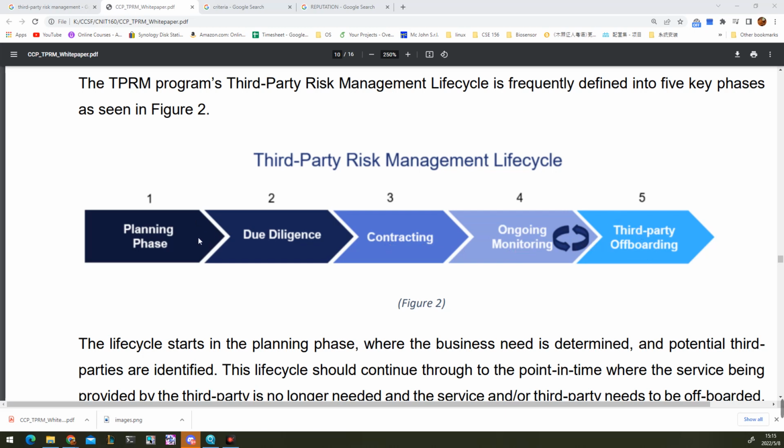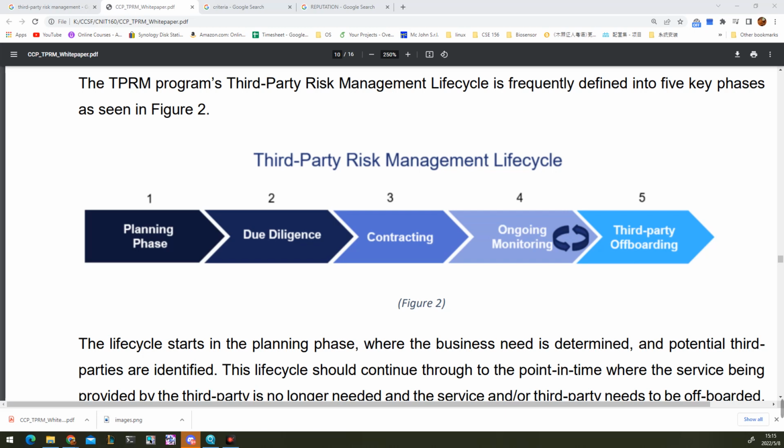For the planning phase, during this phase a business owner could qualify a business need and make a request to onboard a new third party or to add service to an existing party. The inherent risk assessment will guide if additional information is required from a third party and if a further third party assessment is needed.